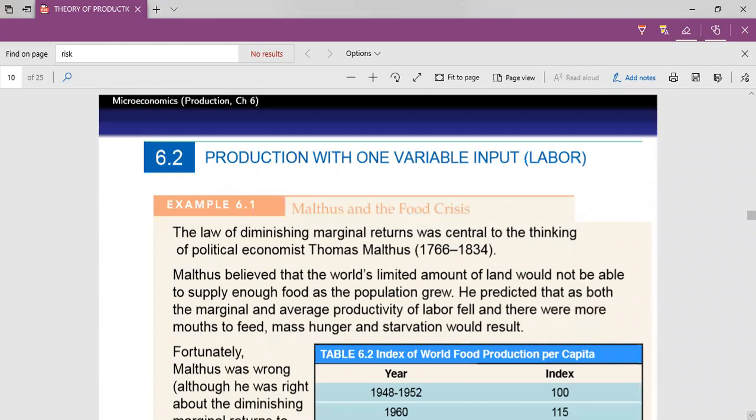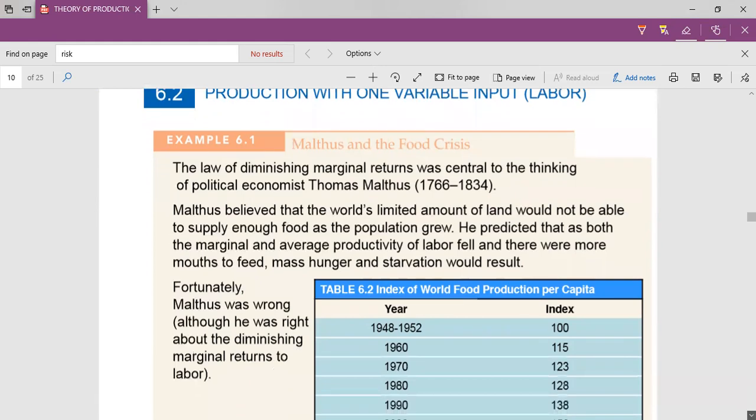So the law of diminishing marginal returns was central to the thinking of political economist Thomas Malthus. You remember Thomas Malthus on population, right? He was an economist who talked about population, environment, and resource scarcity.